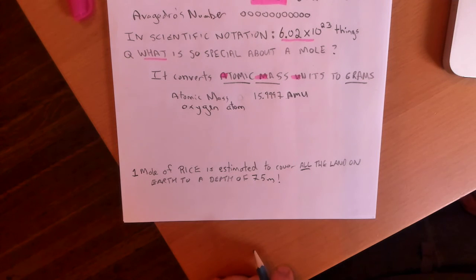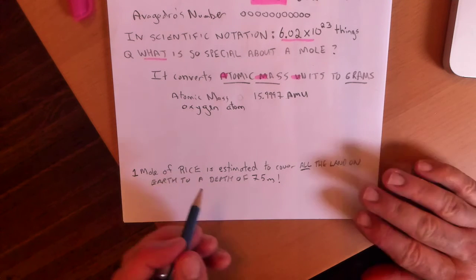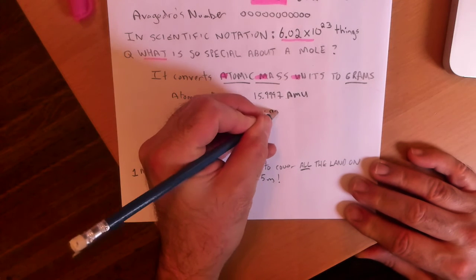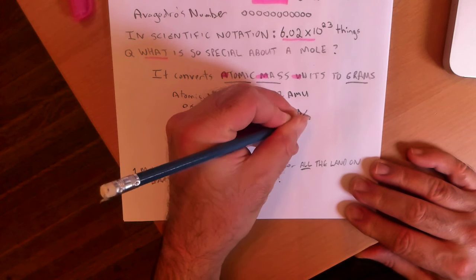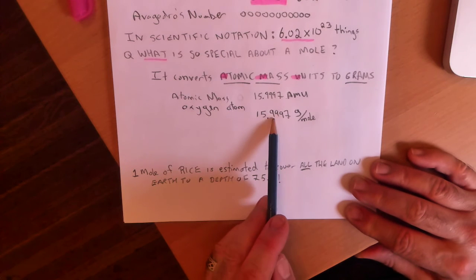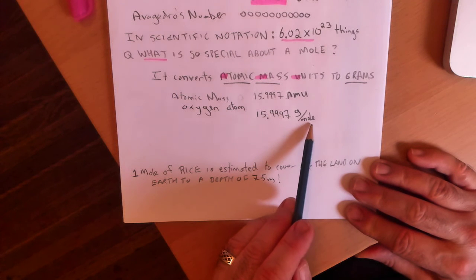Okay, so the atomic mass of oxygen is 15.9997 AMU, or atomic mass units. But the interesting thing is it's also 15.9997 grams for every mole, grams per mole. So every 15.9997 grams of oxygen is 1 mole of oxygen atoms.